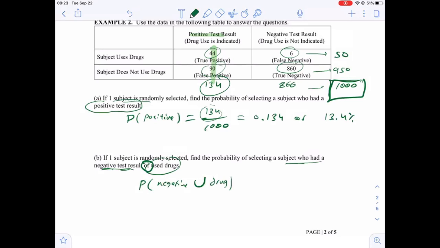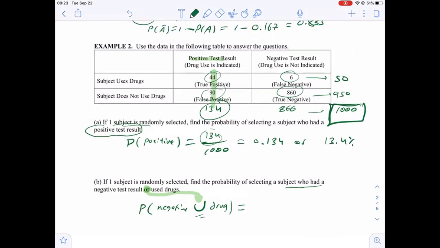Union, that's the probability that we want to find, because the key word here is the word or, and that means we use this notation for or, union. Okay, and using the rule we have, if you remember, are they disjoint or not? They are not disjoint. We can get a negative result while that person uses drugs.